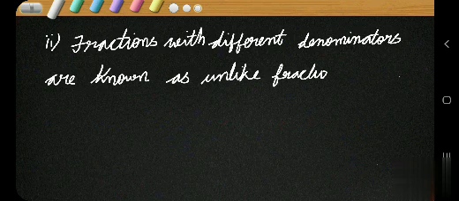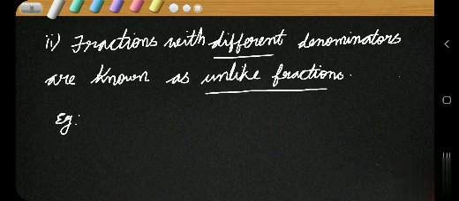So just try to say some examples of unlike fractions yourself. Different denominators are known as unlike fractions. Can you say some examples of unlike fractions? The denominator should be different.